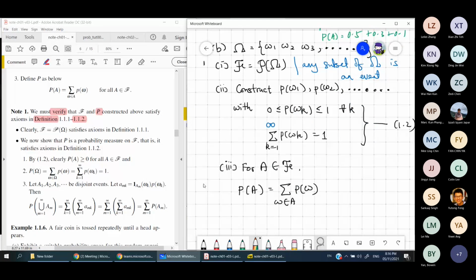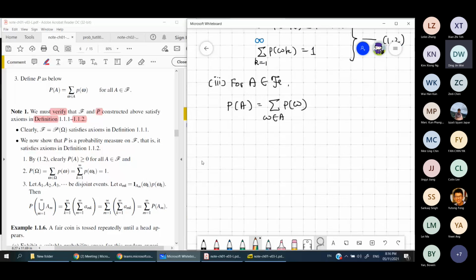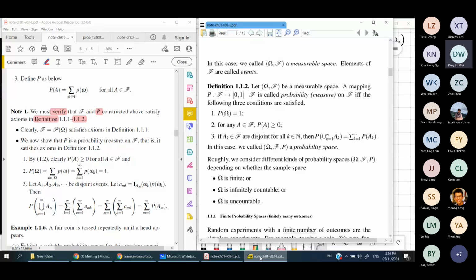Sorry, doctor, just now the Definition 1.1.2, I think there's a typo there? Let me check. Which one? They say in the second line that F is called probability measure on F. You mean the second line here? Yeah, below Definition 1.1.2.